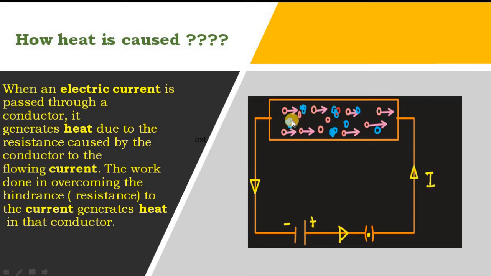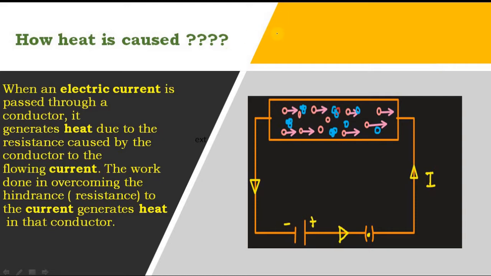There are so many other particles like ions, like the atoms present inside this conductor, and when the electrons are passing through this conductor or this resistor, electrons need to push these atoms or ions to move in forward direction, and because of that the energy of the electrons transfers to these ions or atoms, and they start to vibrate, and the vibration of these particles is responsible for heating of that wire.